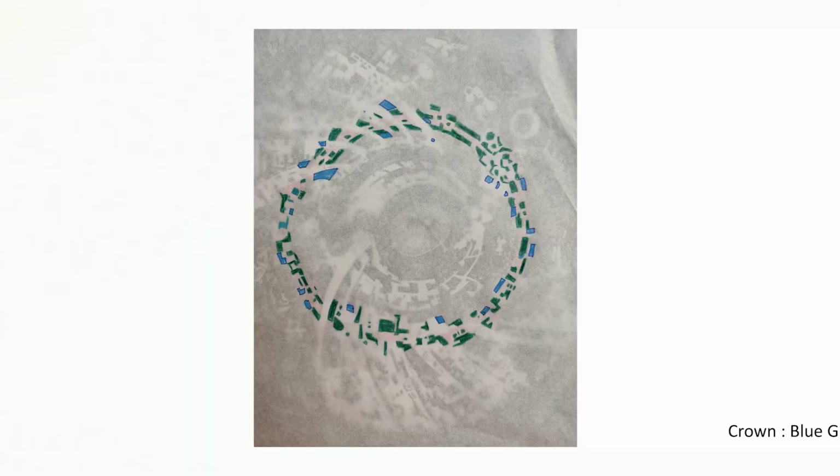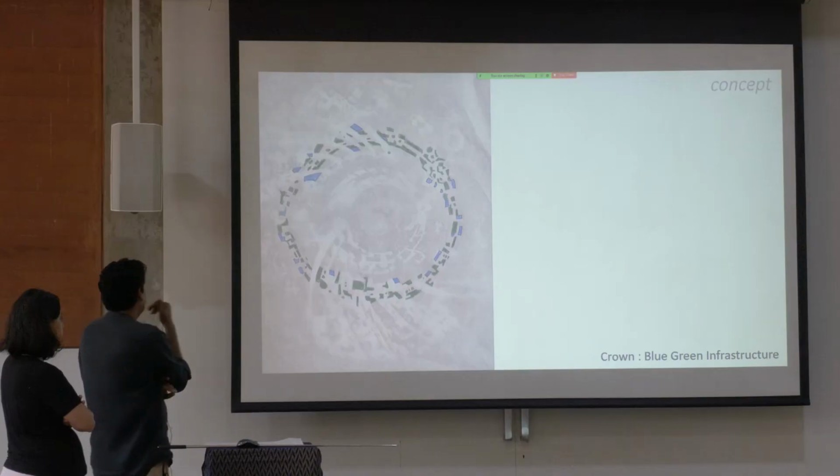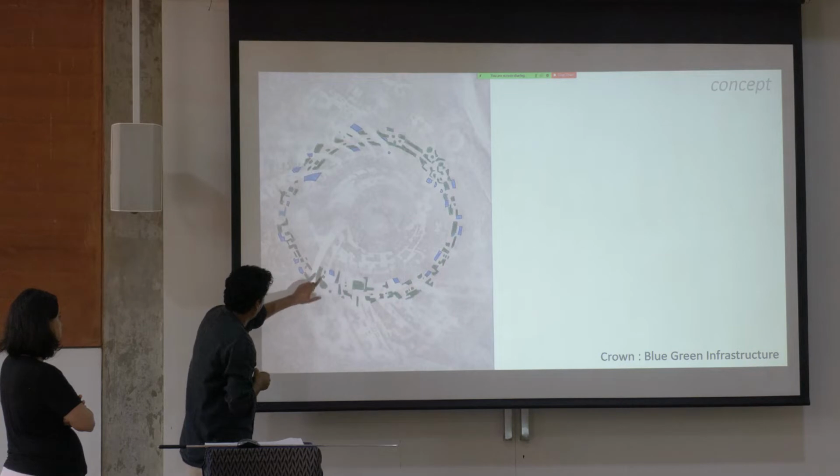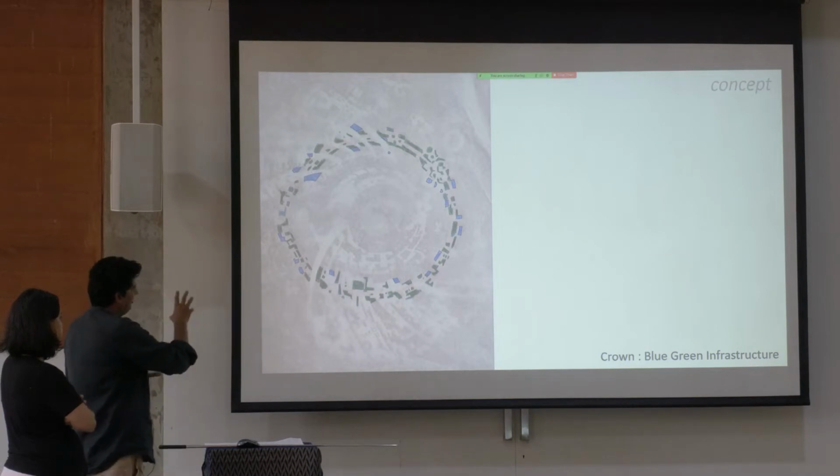So if you take the crown and do the negative of the model, this is what you get. And this is one of the key things we're trying to integrate in our next slides: what happens here between the buildings, what's shown as green and blue right now, what are those spaces? Because those are the spaces which for us define the crown.